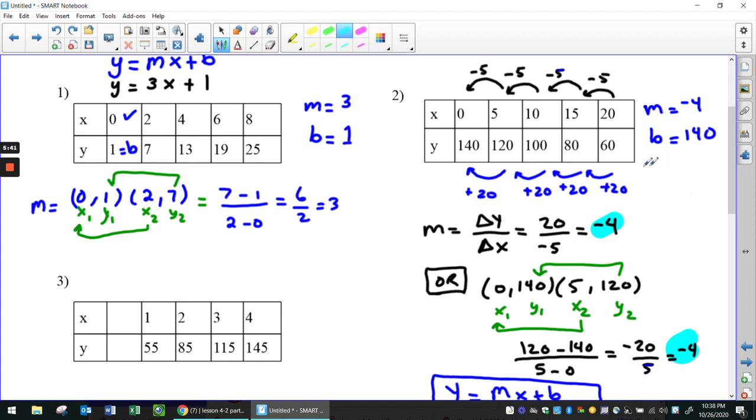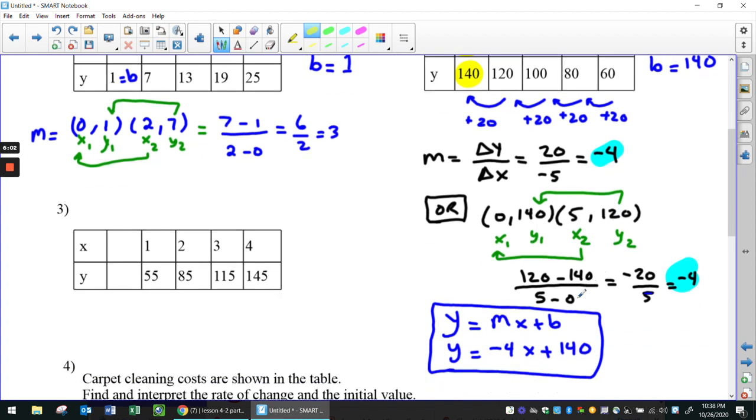And the y-intercept, once again, hopefully you remembered that whenever x is 0, your y-intercept is the y value that corresponds to x being 0. So now we have our y-intercept, we have the slope, and we can put it into the formula, which is y is equal to mx plus b. Negative 4 is the slope, and the y-intercept is 140.